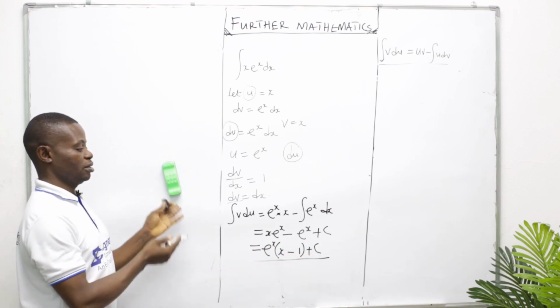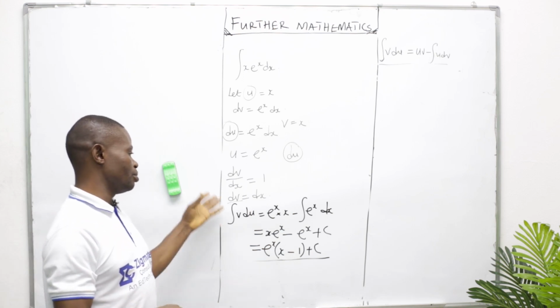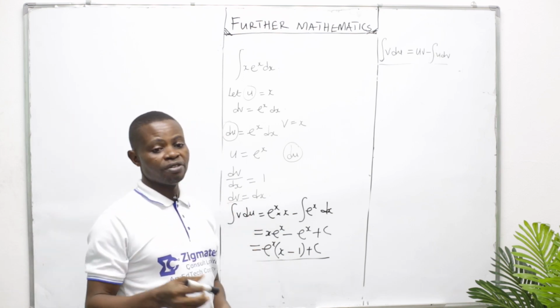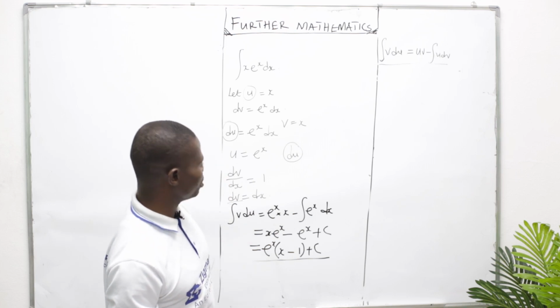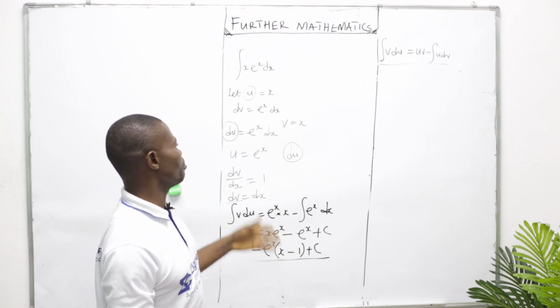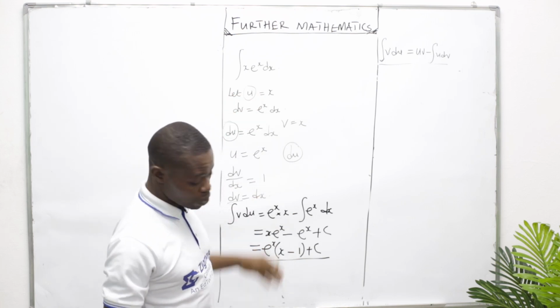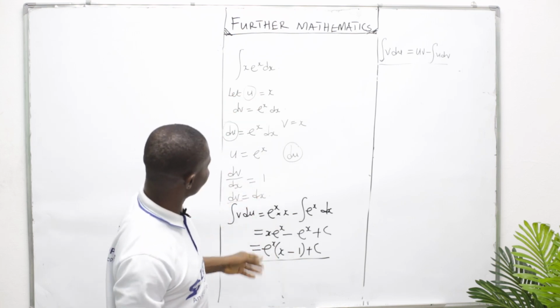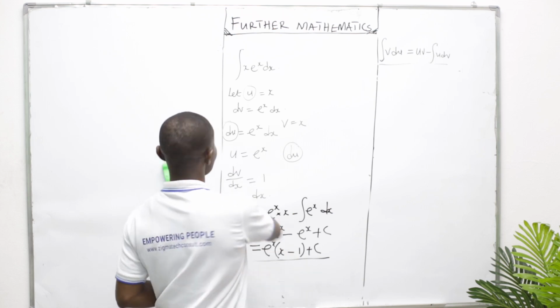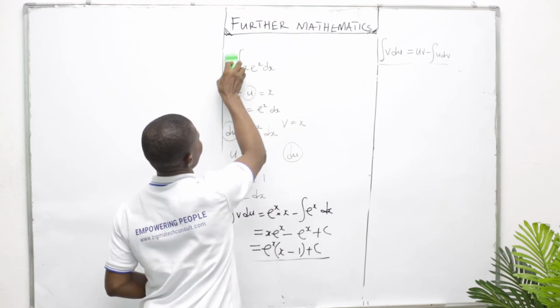Final answer. It's as easy as ABC, but you have to be very, very careful when you are dealing with integration by parts. It's just a name. When you take your time to go through it and follow the rule, you will get it exactly.